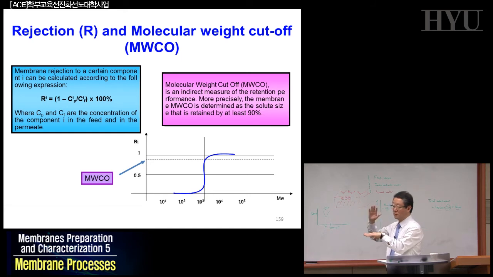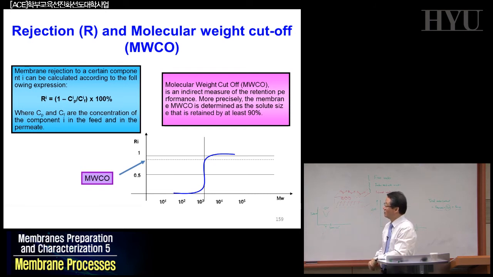Of course, this depends upon the pressure and the concentration. There are standard conditions at room temperature, and then you measure the concentration of the feed and of the permeate.